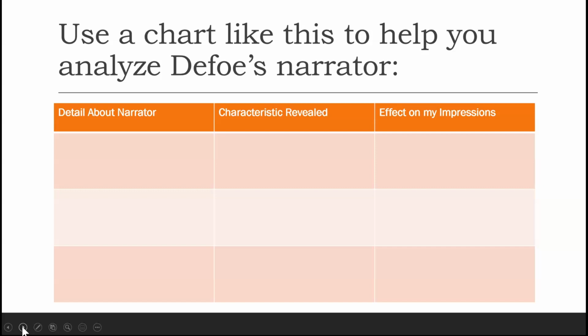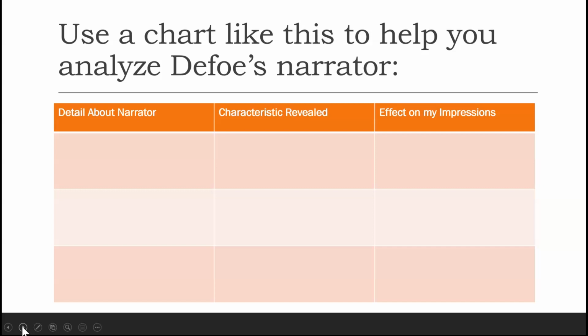So essentially, let's say we find out that the narrator lived through a house fire and the house was on fire and they were very calm. What characteristic does that reveal? Well, that reveals to us that they're very calm in nature and somewhat haphazard. What effect does that have on our impression? Well, if they're calm, cool, and collected, then we expect them to remain that way throughout, and we expect the story to be told in a calm manner.